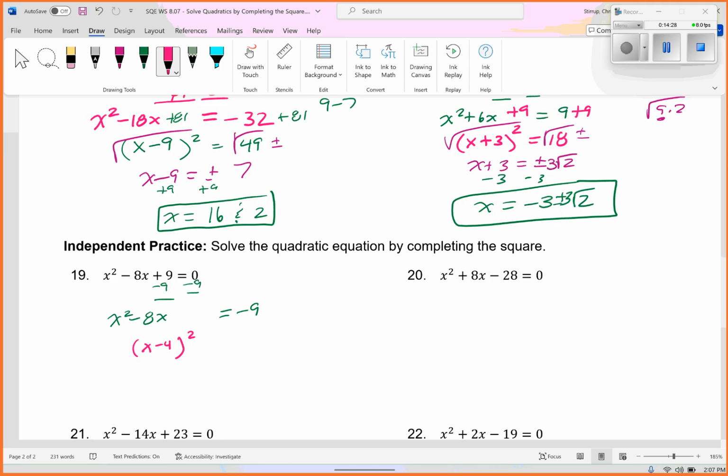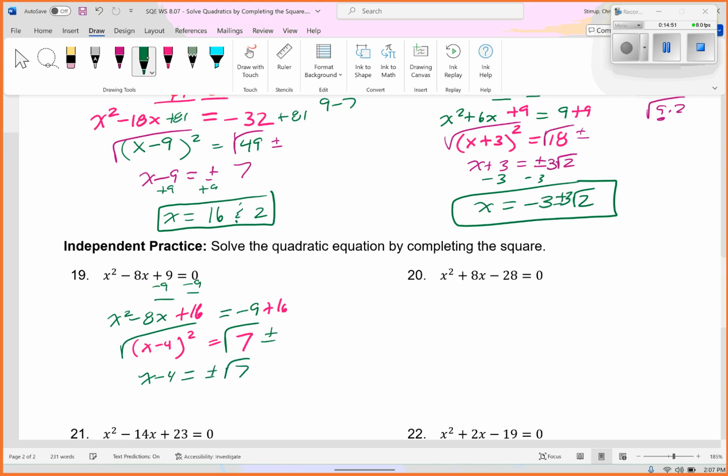What is 4 squared? 4 times 4 is 16. So if I add 16 here, I have to add 16 here. So negative 9 plus 16 is 7. We're ready to do what? Root, plus minus. So I'm going to get x minus 4 equals plus or minus root 7.